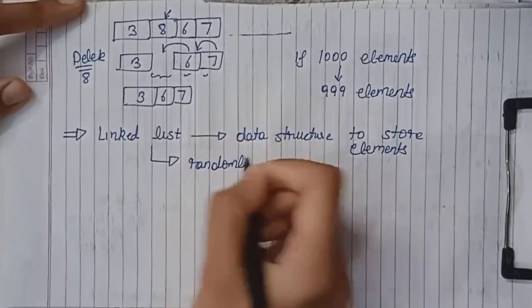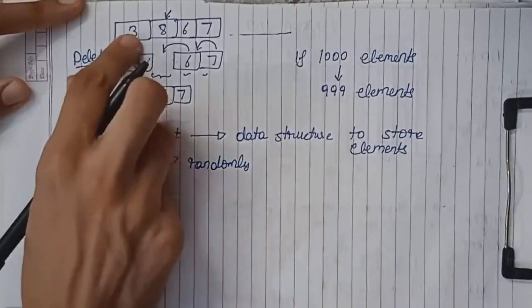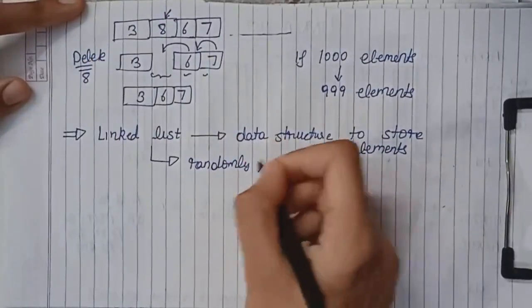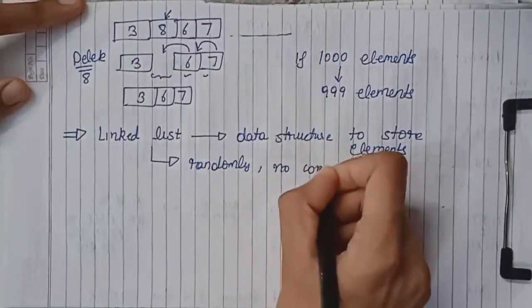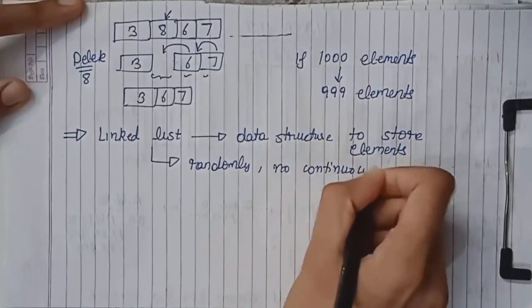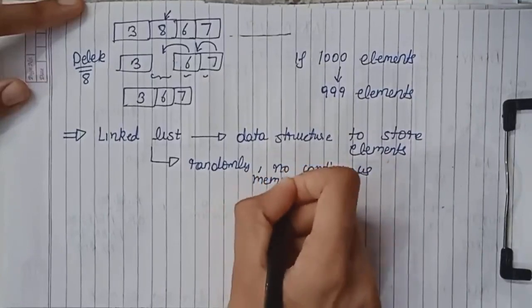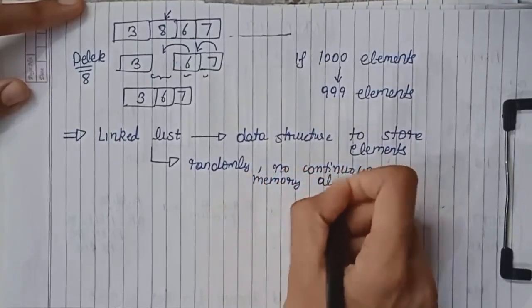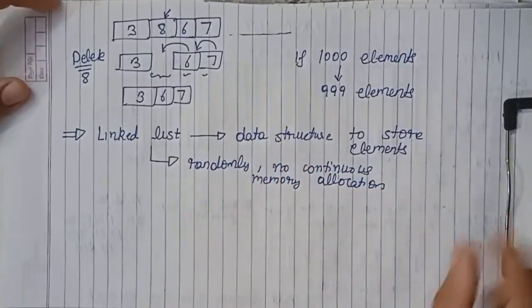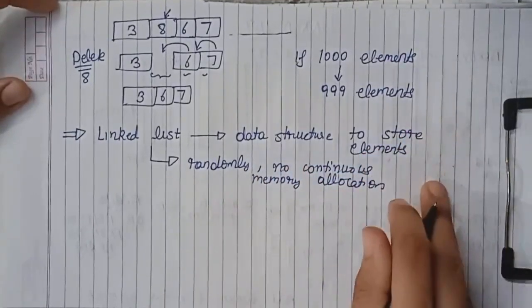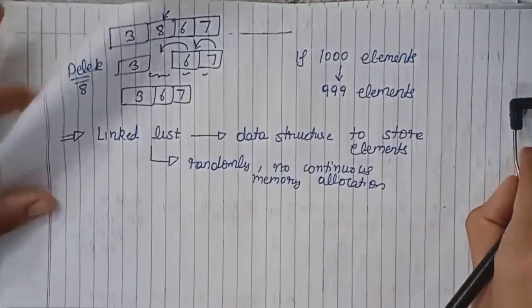We can randomly allot any memory to any data member. So there is random memory allocation and no continuous memory allocation. Let me explain this with the help of an example.